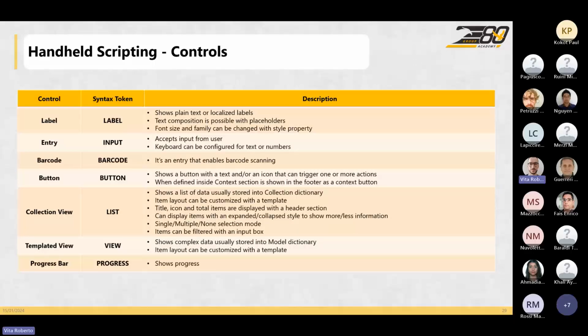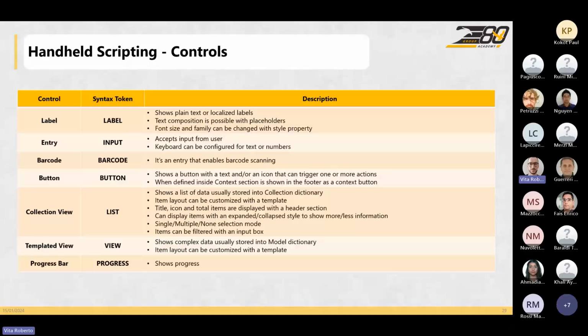List control has another section that can show title, icon, total items, can display, of course, item with an expanded or collapsed style. Of course, we will see examples of this later. Can have a selection, single, multiple, or none, and can have a filter to allow for easy searching of element.